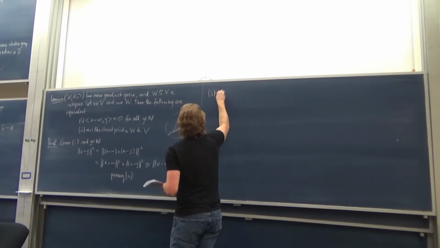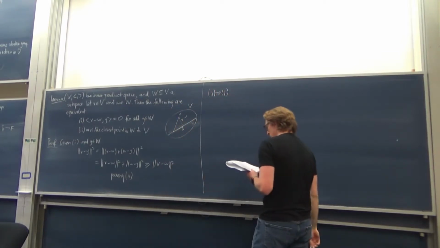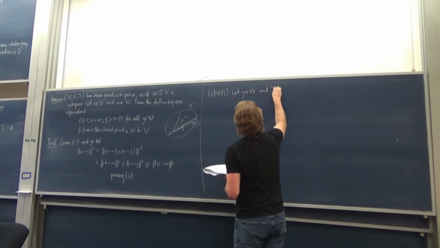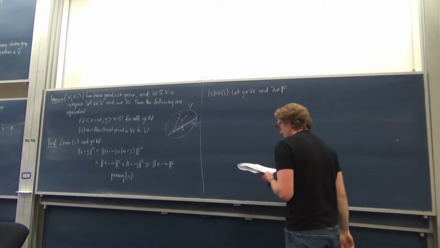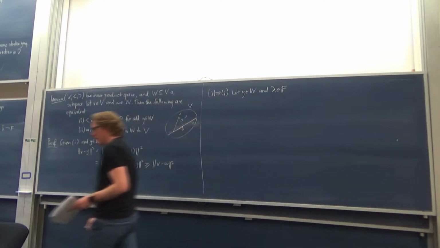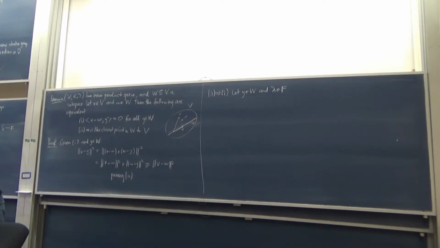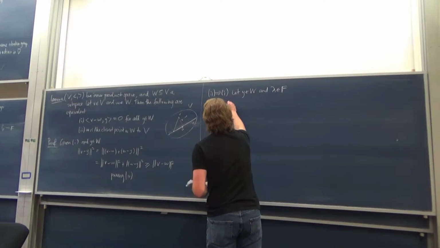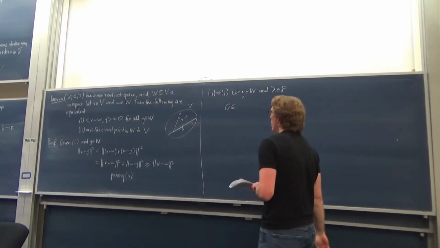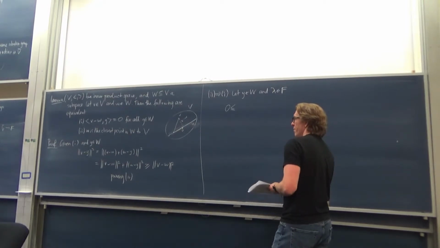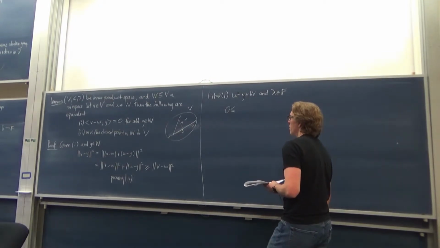All right, so suppose 2. We're supposing that W is the closest point, and I want to show that the pairing is 0.